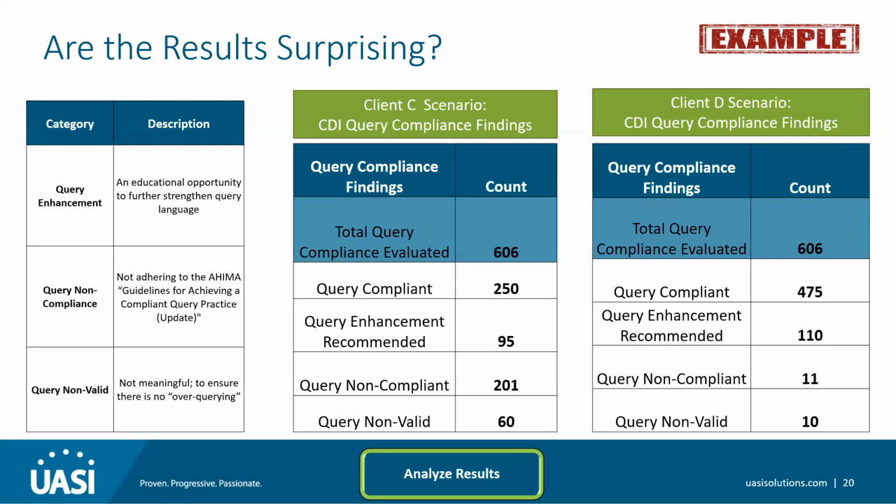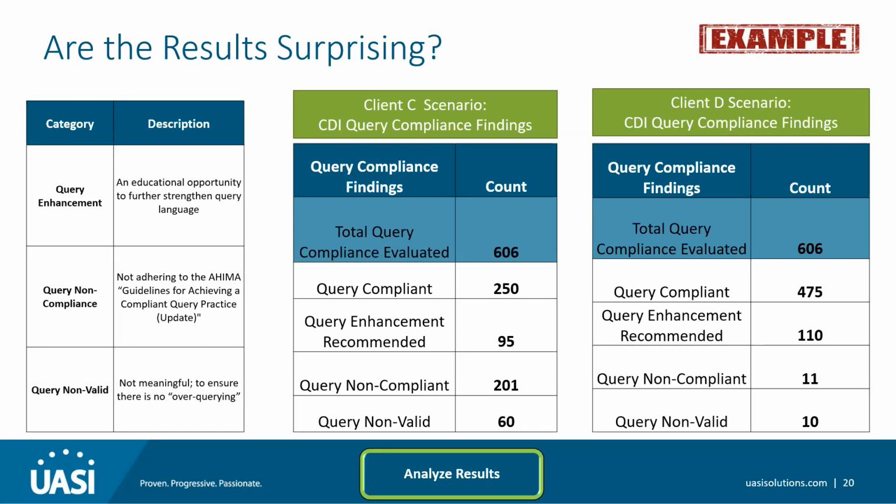And so if you're reviewing, let's say your client C, and you've had these CDI query compliance findings. There were 606 queries that were reviewed in an audit by your team. I know some of you are from smaller hospitals and organizations, and this might seem like a huge number, but there are also hospital systems that have 30, 50 CDSs.